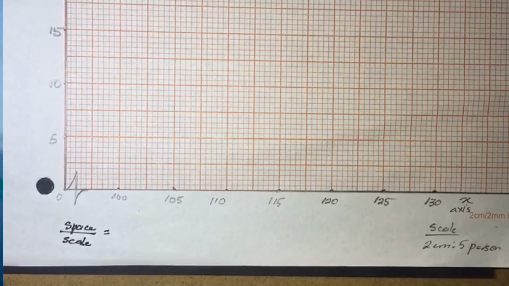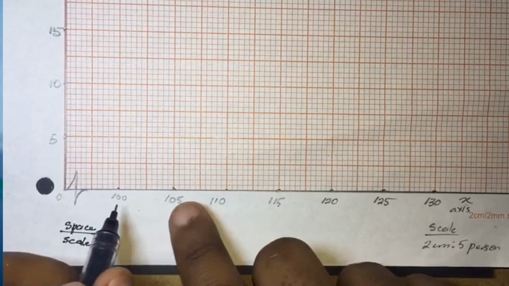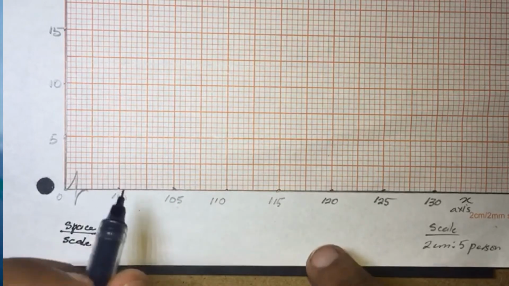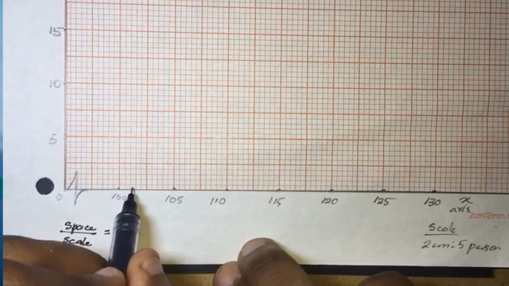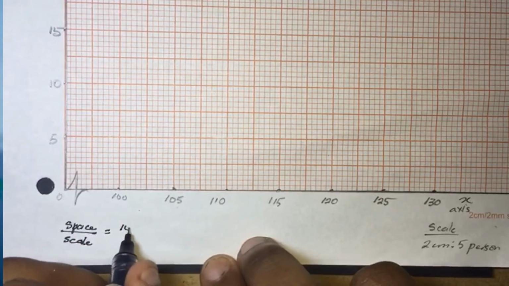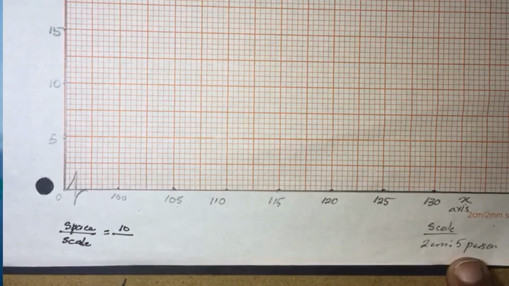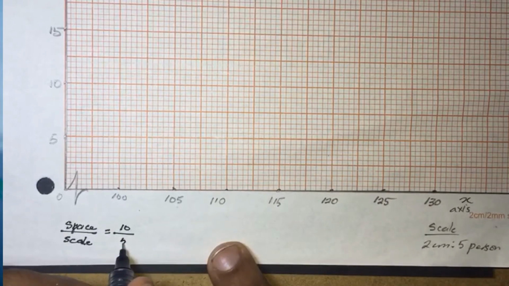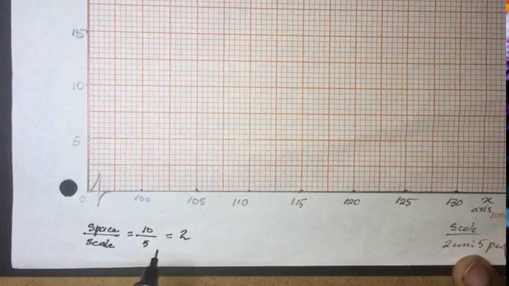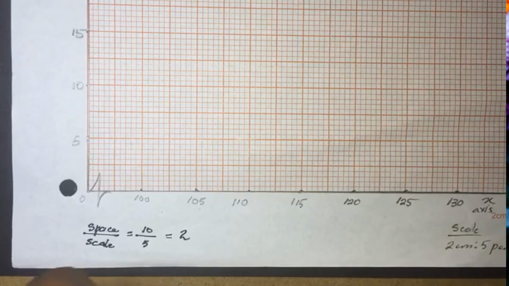I can use any space between 2 adjoining numbers. So I need to count how much space is here. 1, 2, 3, 4, 5, 6, 7, 8, 9, 10. So we have 10 spaces and our scale was 5. So we have 10 divided by 5, which is 2. So every 2 spaces means 1 unit on our x-axis.